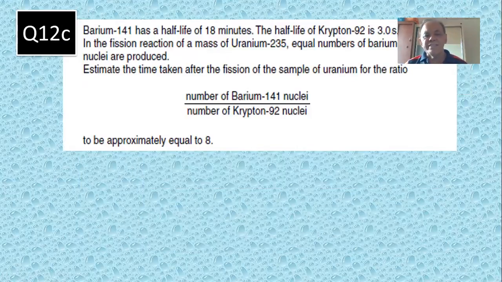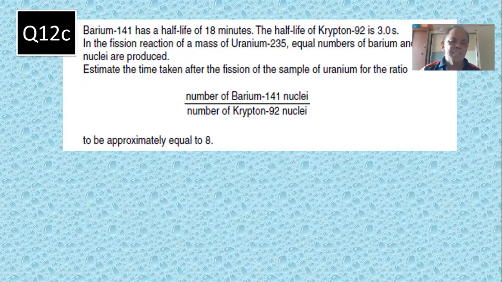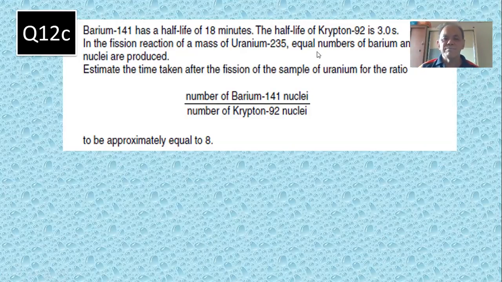Barium-141 has a half-life of 80 minutes. Sometimes they combine binding energy and radioactivity together, so they can test you on both topics together. The half-life of krypton is 33.0 seconds. In the fission reaction of uranium-235, equal numbers of barium and krypton nuclei are produced.